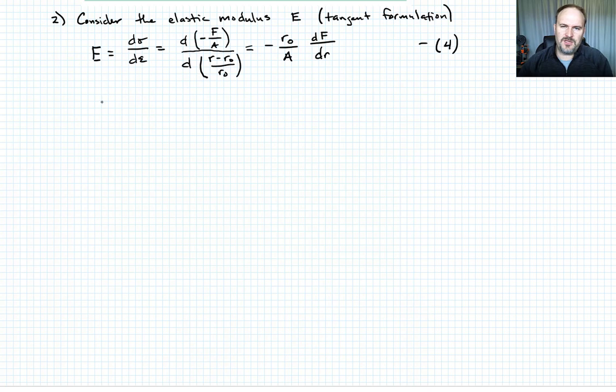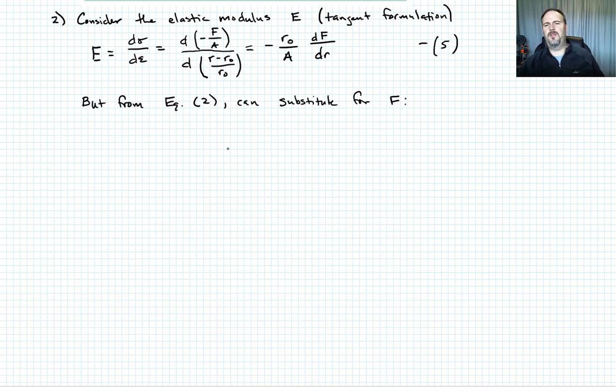But from equation 2 that we wrote above, I can substitute for F. Let's call this equation 5. Remember that equation 2 gave us a relationship between F and the potential energy, right?